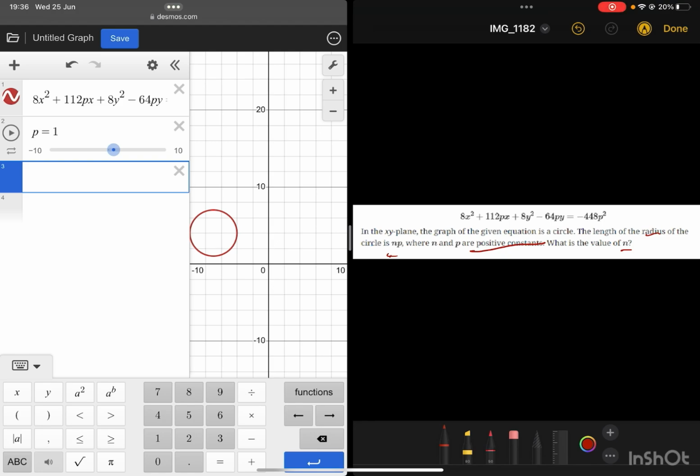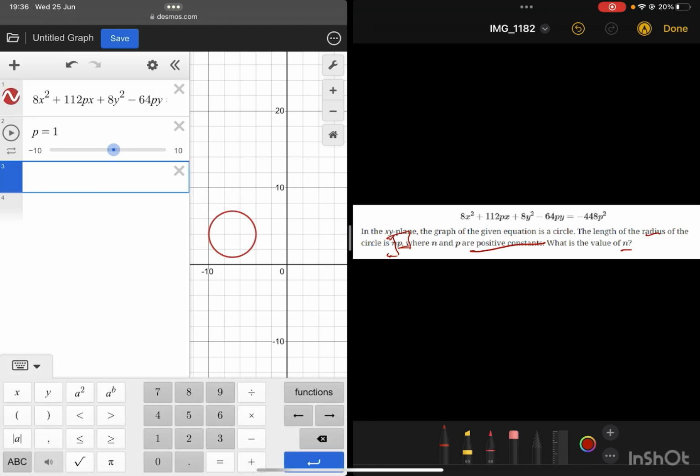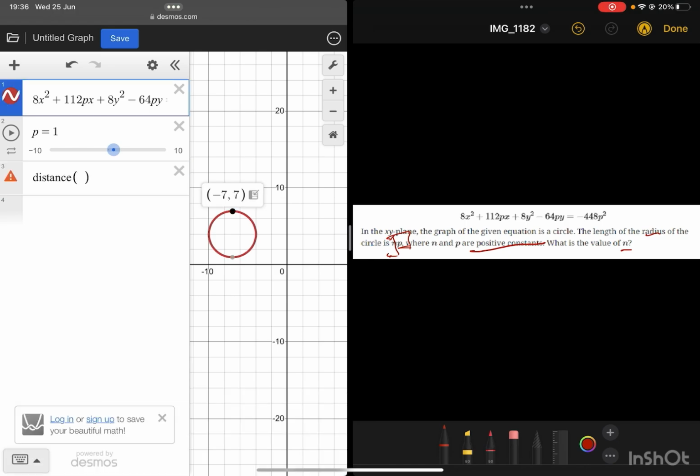So as it says in the question, the length of the radius is np. So we gotta find the radius. So now in this graph we have these two axes, and the line between these two axes is the diameter of the circle. So now we will have to put distance, open the bracket, and we have the first axis, which is -7 and 7.